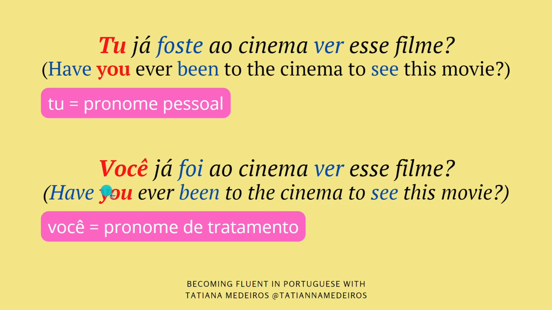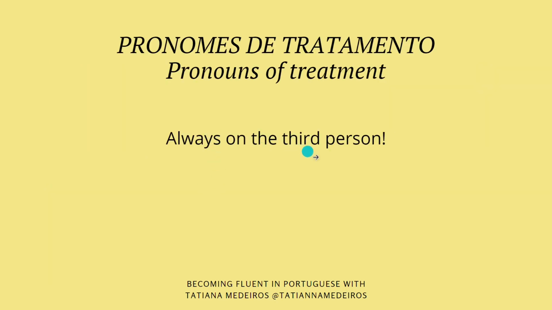So the translation is the same. Although você is a pronoun of treatment, pronome de tratamento. As you can see, the verb changes. Foste, second person, foi, third person, singular. So, that's why always on the third person.